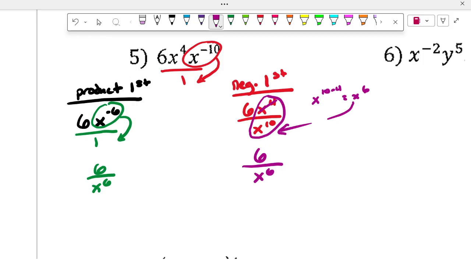Product rule, that's another name for multiplication. Quotient rule, that's another name for division. Power rule, it's being raised to a power. You're technically dividing the bases, but you're actually subtracting the exponents. So it's based off of what you're actually doing to the bases.